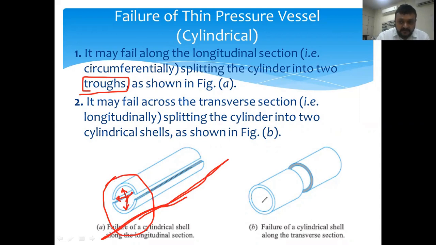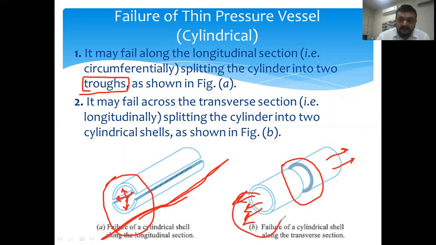And in the longitudinal stress, the stress is along the length of the vessel, and your vessel fails circumferentially. Reverse: along the circumferential stress, your failure is longitudinal, and along the longitudinal stress, your failure is circumferential. So you have to keep this reverse scenario in mind.